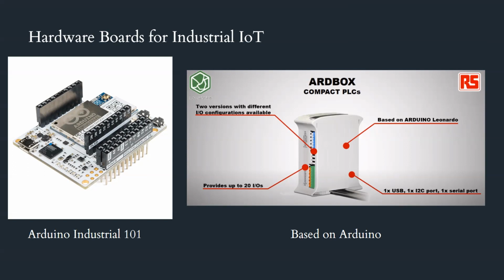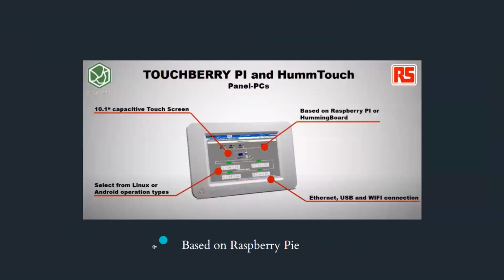So we can use the Arduino programming to do the processes in the PLC. We also can use Raspberry Pi to enable human touch interfaces and get the work done. So it's another application of the Raspberry Pis and how they are implemented in the industry.